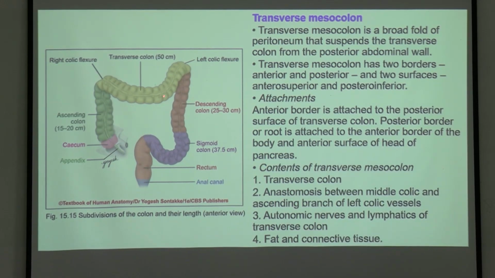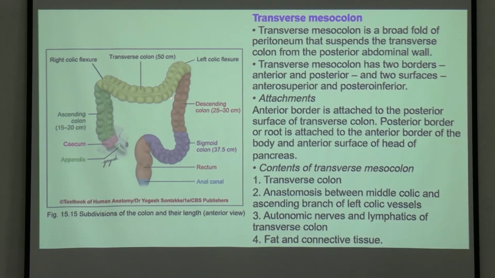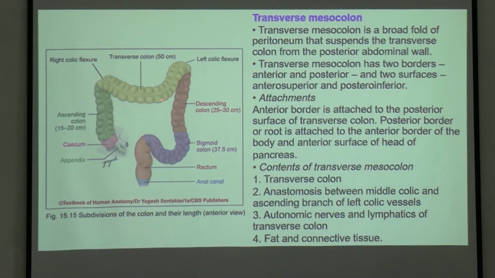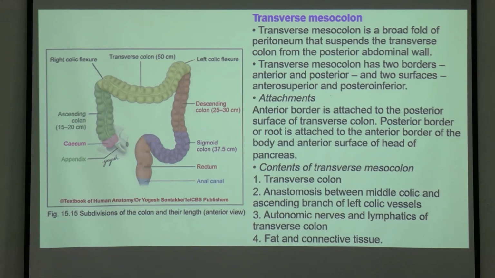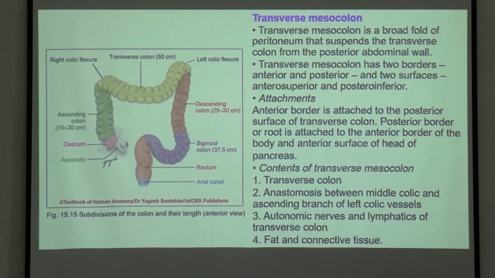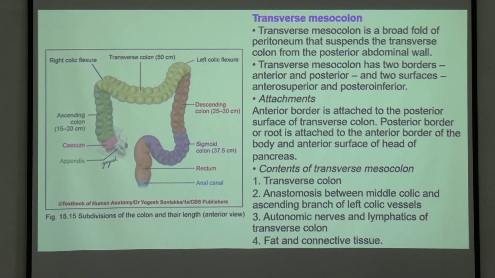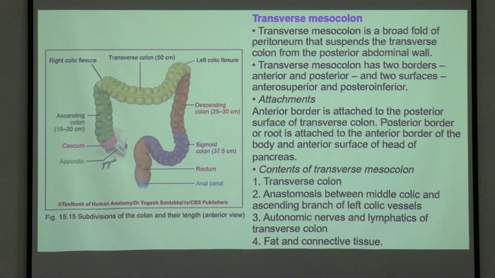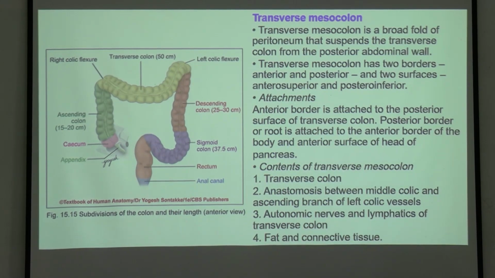Within the transverse mesocolon we can also get one branch, that is the right branch of the left colic artery. And also within that mesocolon we will get several lymphatics. We can get the mesenteric fats. Okay, so we can expect all these things.